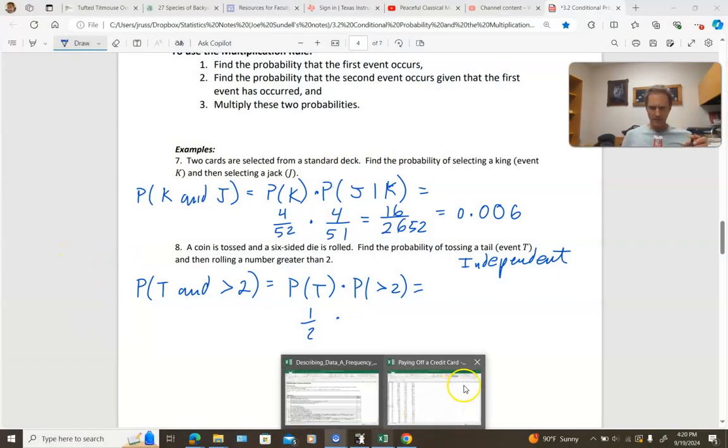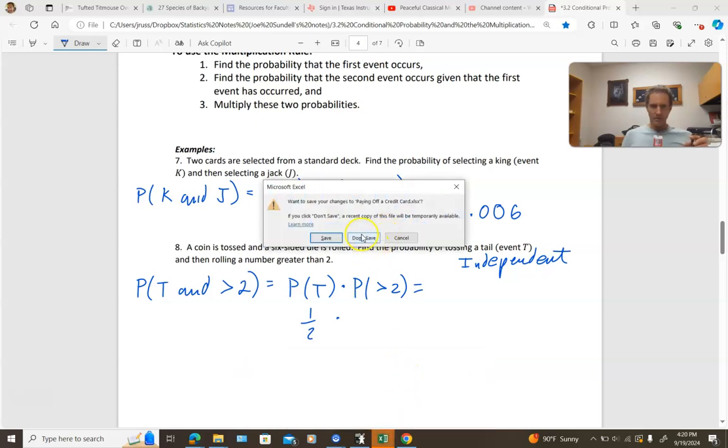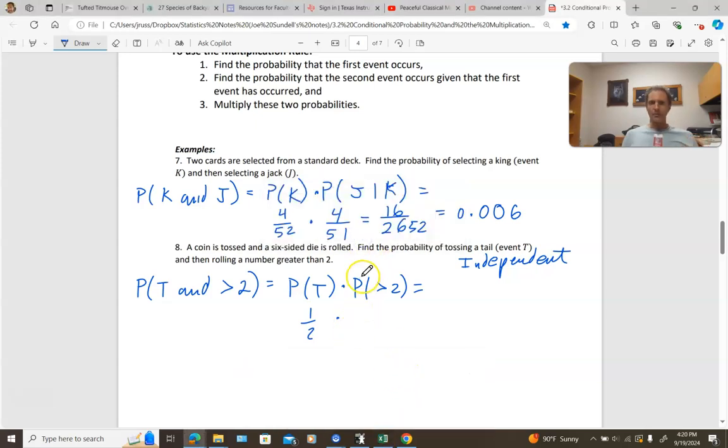And then the probability of rolling a number that's greater than 2 on a die, well, the numbers that are greater than 2 are 3, 4, 5, and 6. So that's 4, okay? So 4 out of 6. And so if we multiply these, we're going to get 4 out of 12. And as a decimal, guys, this is the 0.3 that just goes on forever. So if I round it to 3 decimal places, it's going to look like this. So it's a third.